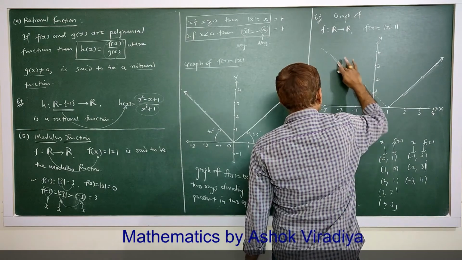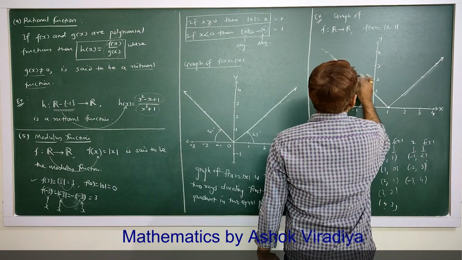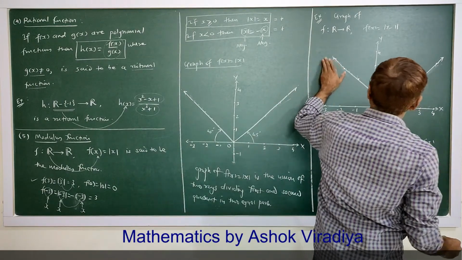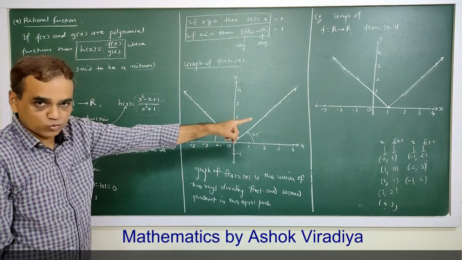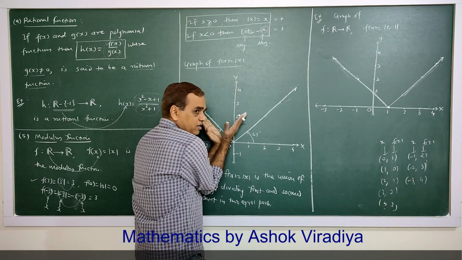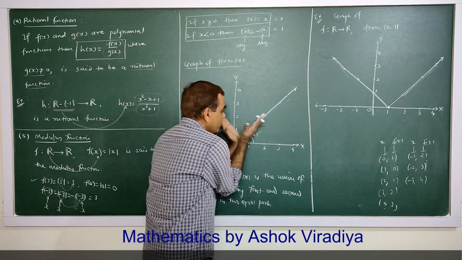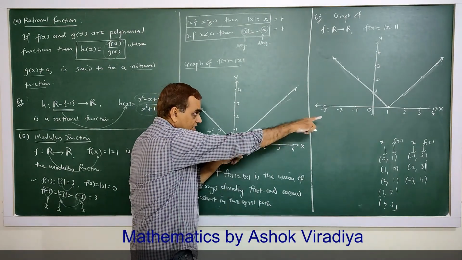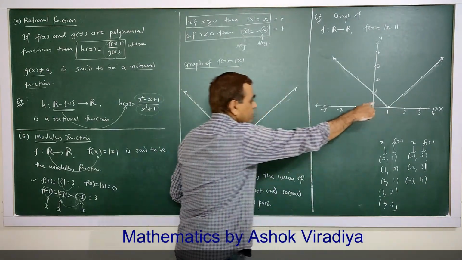Now observe these two curves. This is shifted 1 unit on the right side. So when this is shifted 1 unit on the right side, this corner is shifted to this point, and you can see here it is. This corner is shifted to (1, 0).